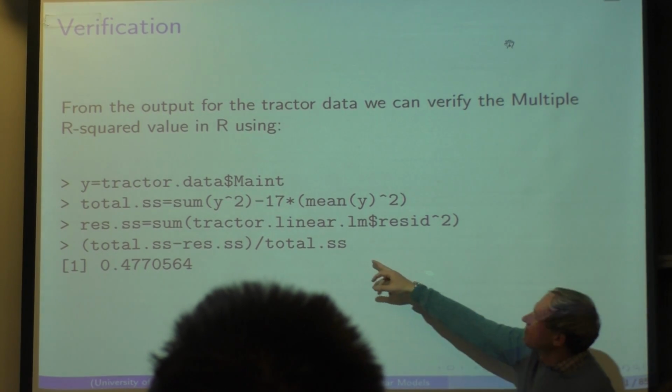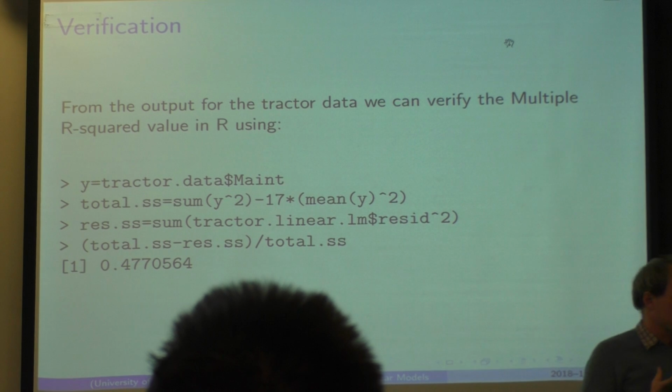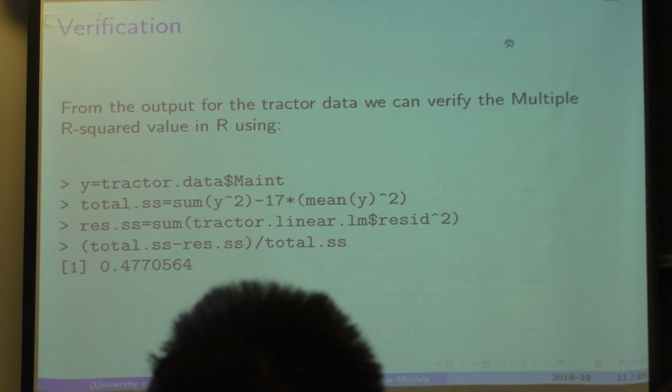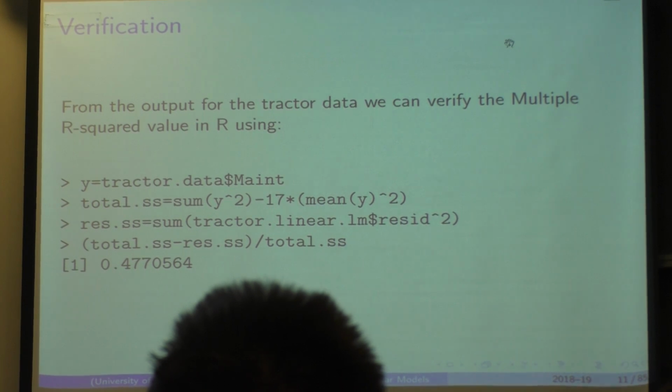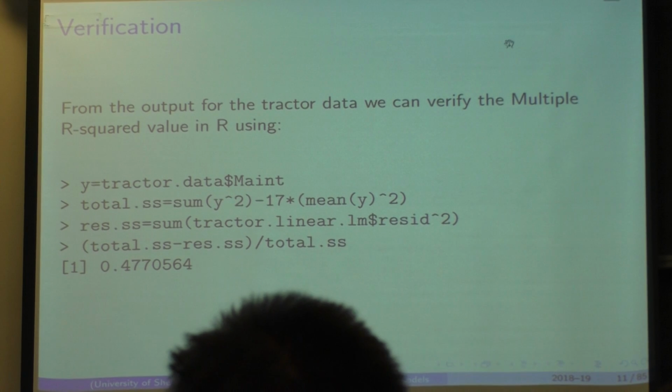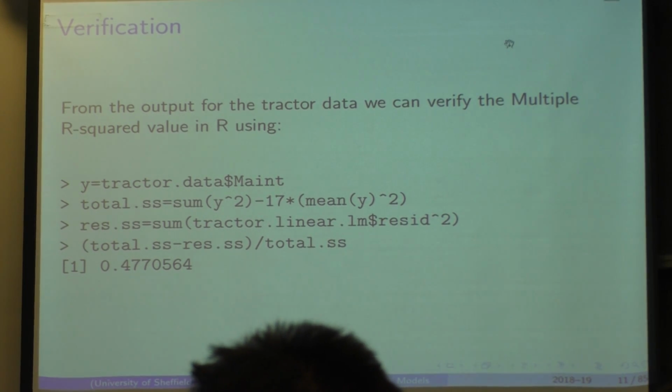Then this line simply calculates the total sum of squares minus the residual sum of squares, and divides by the total, and that gets the answer. If you look back to the R output that we had, you'll see that answer is the same as what R said the multiple R squared was for this model. So you don't actually need to do this in practice because it is built into R.